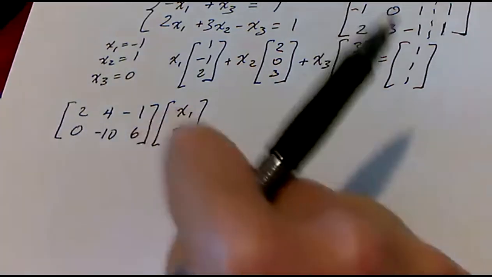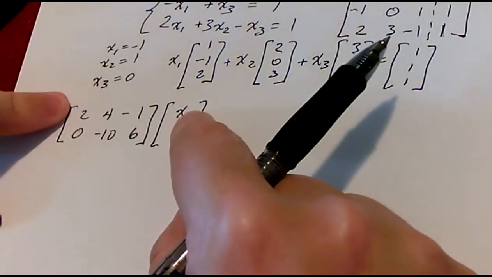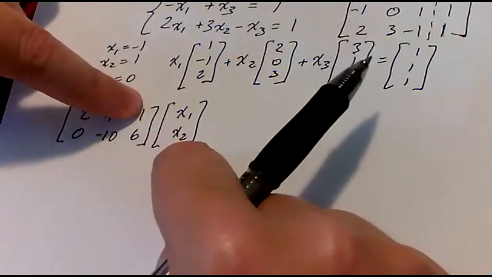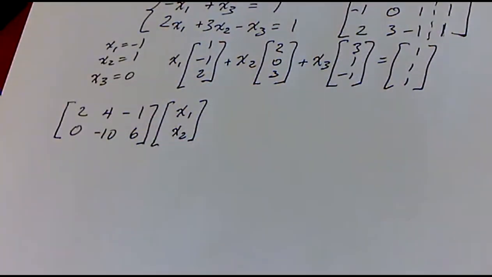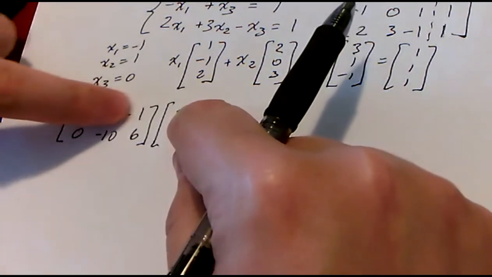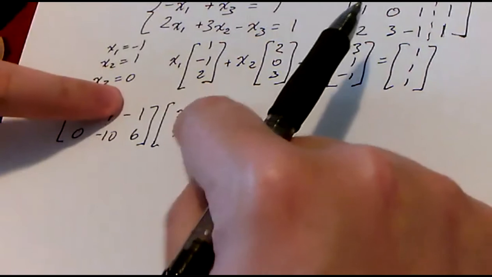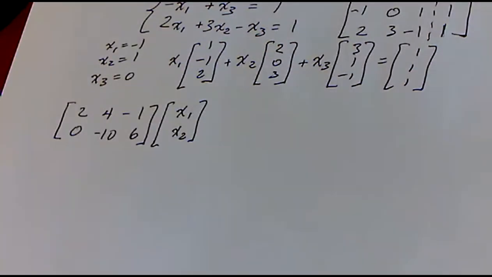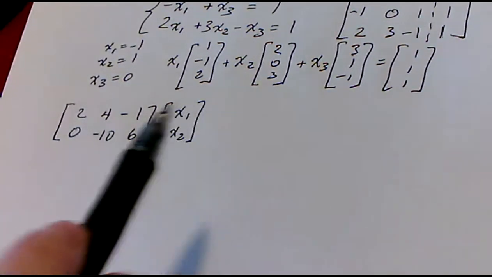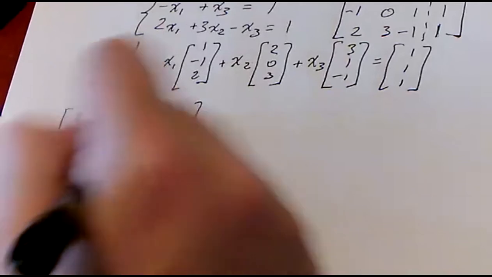Okay, so as I'm going across here, 2 times x1, okay, 4 times x2, but then I would get to this third spot, and I don't have anything to multiply it by. So when you're multiplying matrices, you have to have the same number of columns in the first one as you do rows in the second one. Okay, so your number of columns here has to match up to the number of entries in that multiplication vector. So we can't do this.